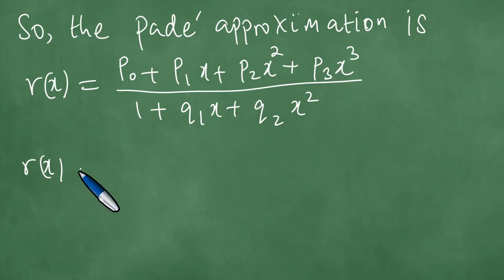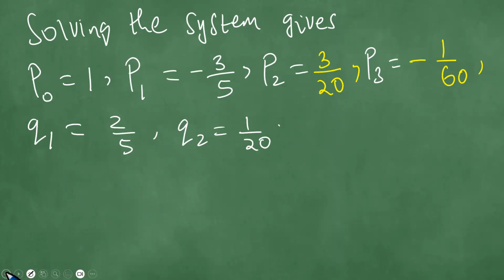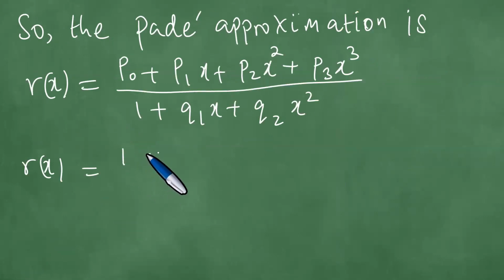which means, therefore, we perform substitution. What is p naught? We have seen that p naught is 1. P naught is 1, and then P1 is what? Is minus 3 over 5. Minus 3 divided by 5, X. P2 plus 3 out of 20.